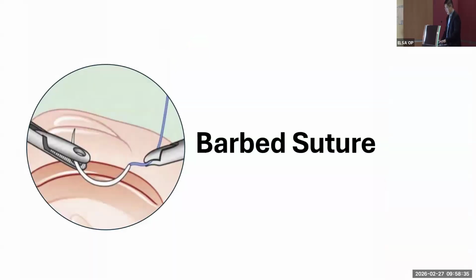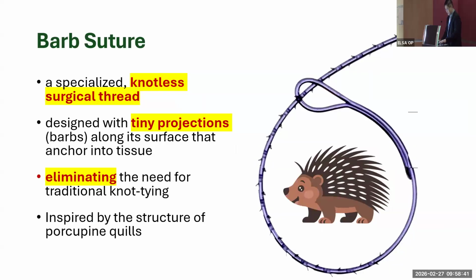So next, a new piece on the block, the barb suture, which is loved by all laparoscopic surgeons, because it's a specialized knotless surgical thread designed with tiny projections along the surface that anchor into the tissue and eliminate the need for traditional knot tying.